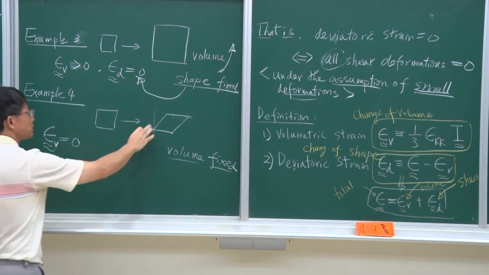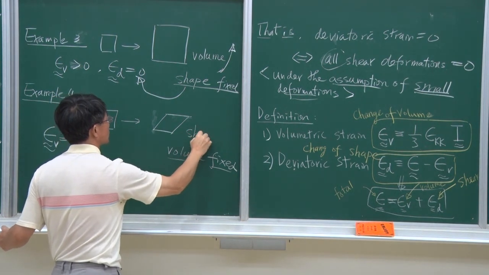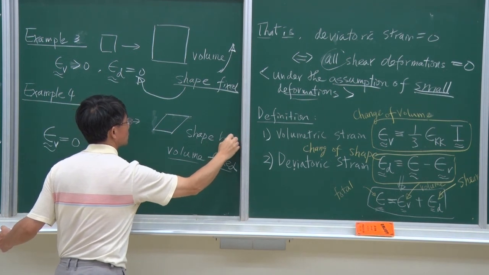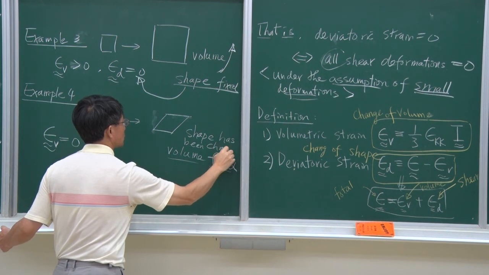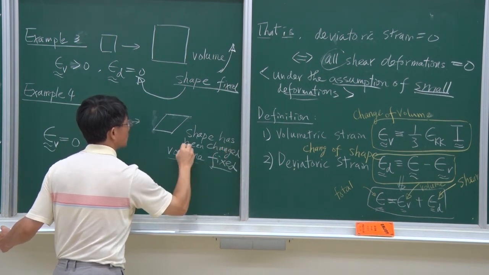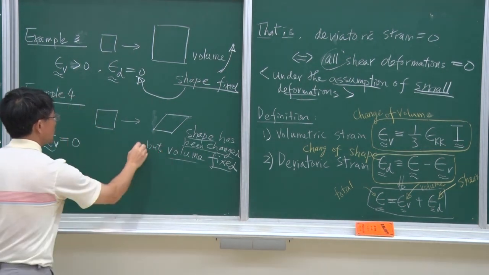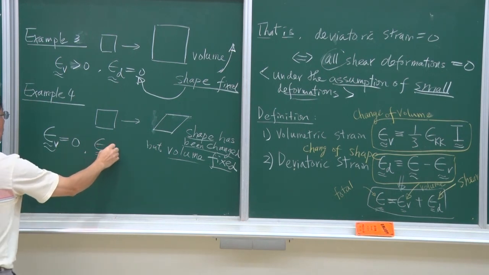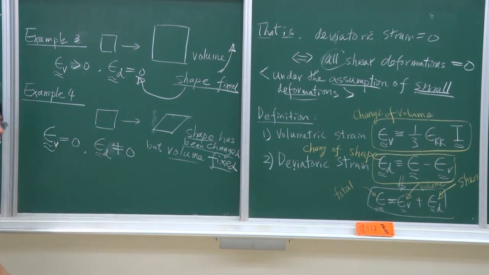And because the shape has been changed, absolute D, the deviatoric strain, does not equal 0.